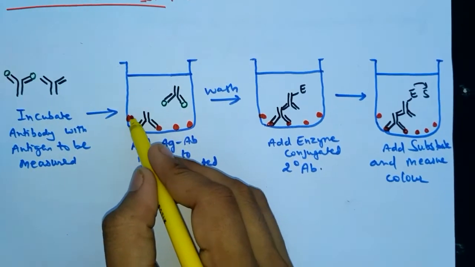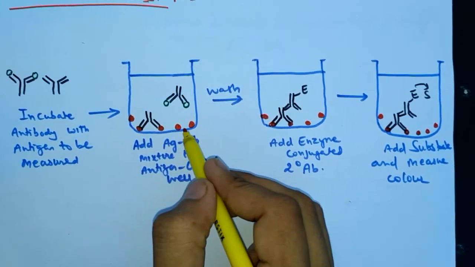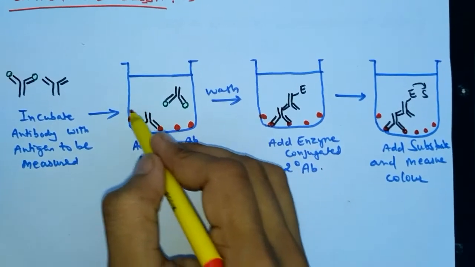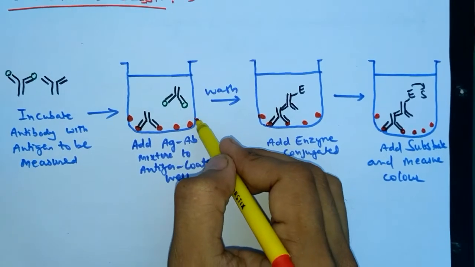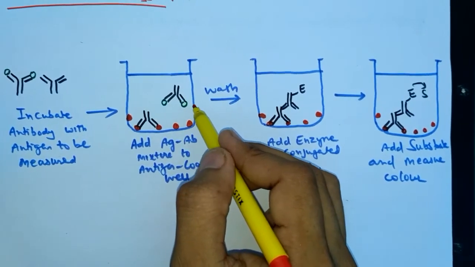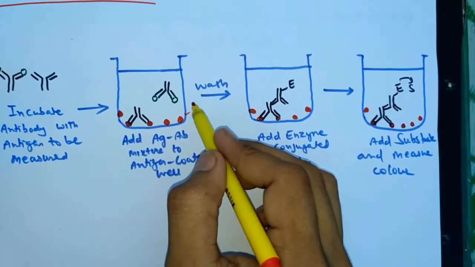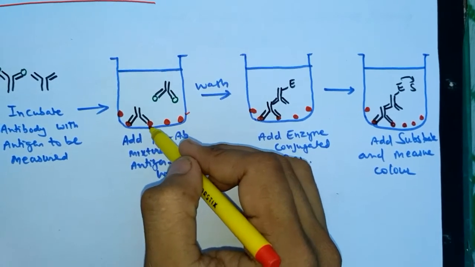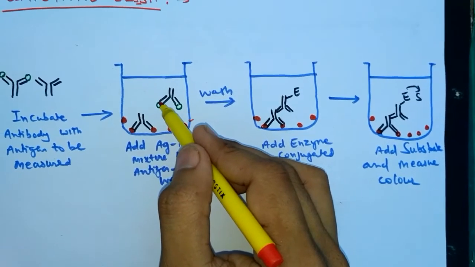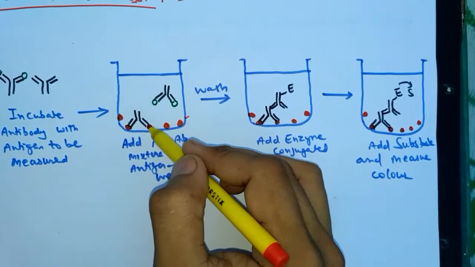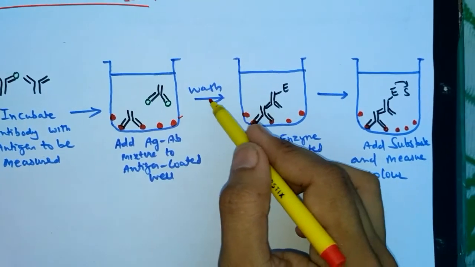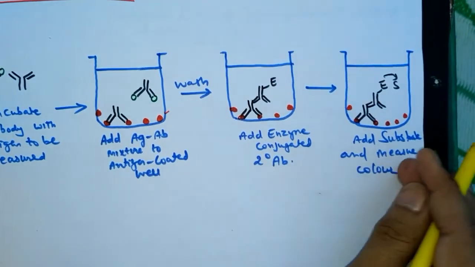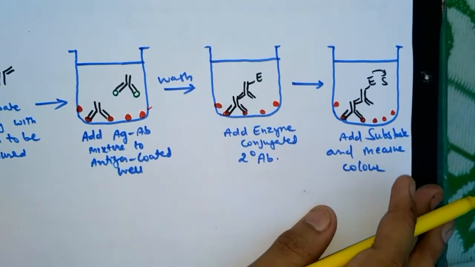Here another type of antigen is coated, and here is a higher concentration of this antigen as compared to the bound antigen. Then what will happen? There will be competition among the occupancy of epitope and paratope. Then we wash out the unbound antigen and antibody.